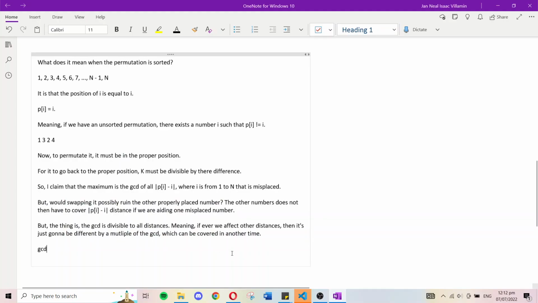This is because the GCD of, say, A1, A2, up to AN is just the GCD of A1 and the GCD of A2 up to AN, meaning the GCD is associative.